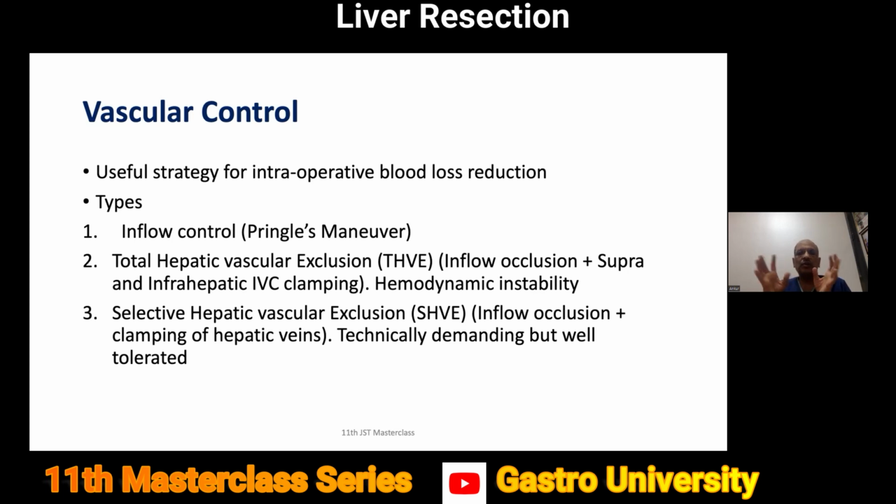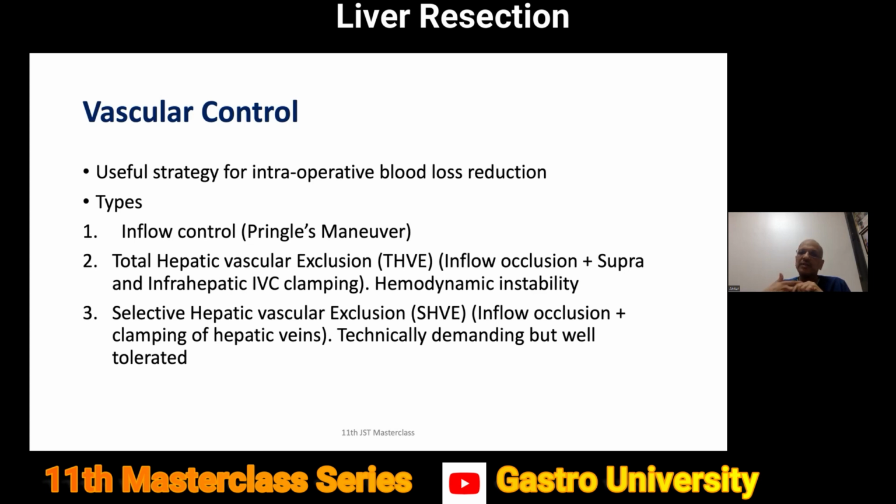That is, the total hepatic parenchyma is excluded from blood inflow from the porta as well as backflow from the hepatic veins. However, total hepatic vascular exclusion is almost always associated with major hemodynamic instability, especially in a situation where blood loss has already occurred. So I don't think I have used it in the recent past.